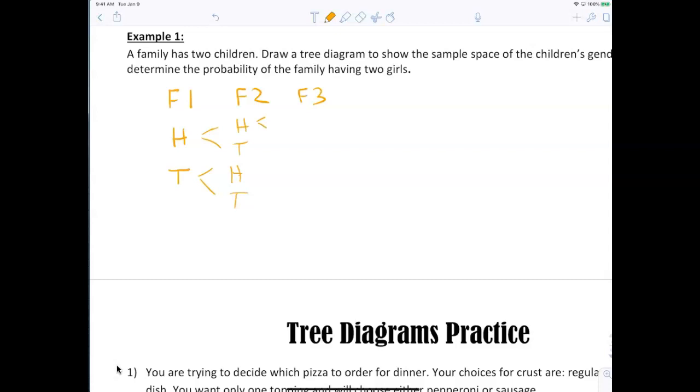H, T. And then the next branch is what? H, T again. Come on, guys, stay with me. And then the next branch, H, T. And then the last branch.